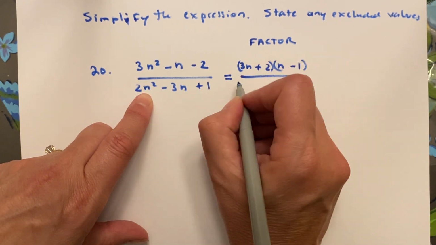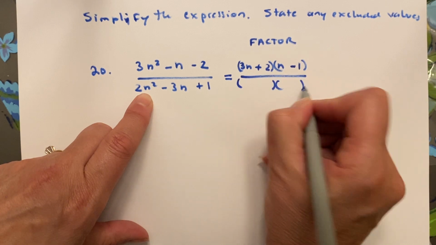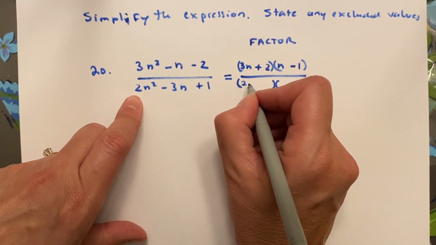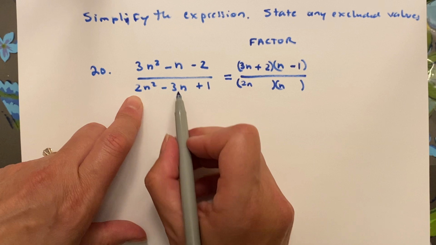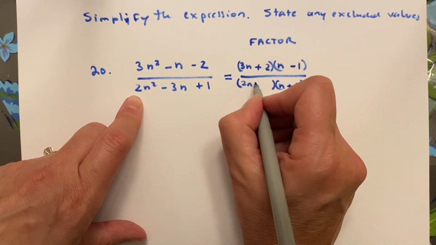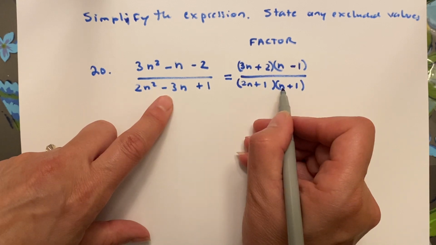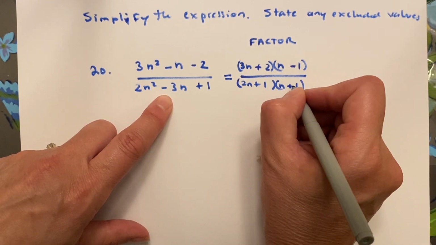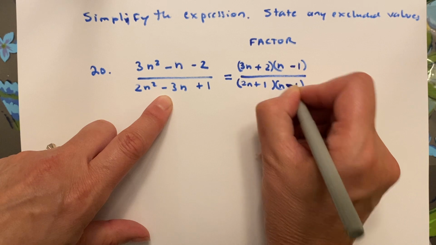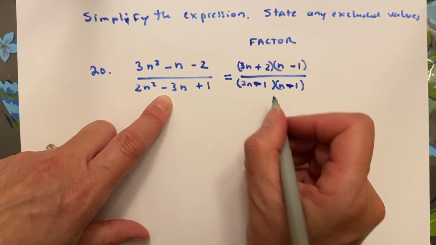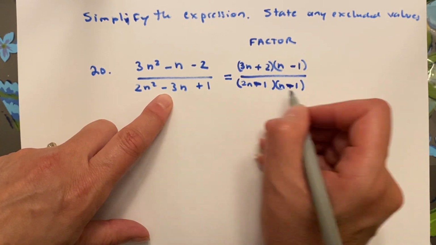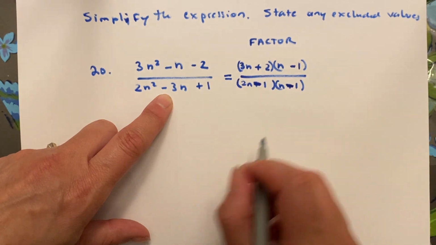Now I'm going to look at the bottom and see what I can do. Well, I'm going to have 2n here and n here. This is easy: plus 1, plus 1. It either works or it doesn't. 2n plus 1, n plus 1. Oops, I was wrong. Negative 1, negative 1, because I need a negative 3n. There we go.